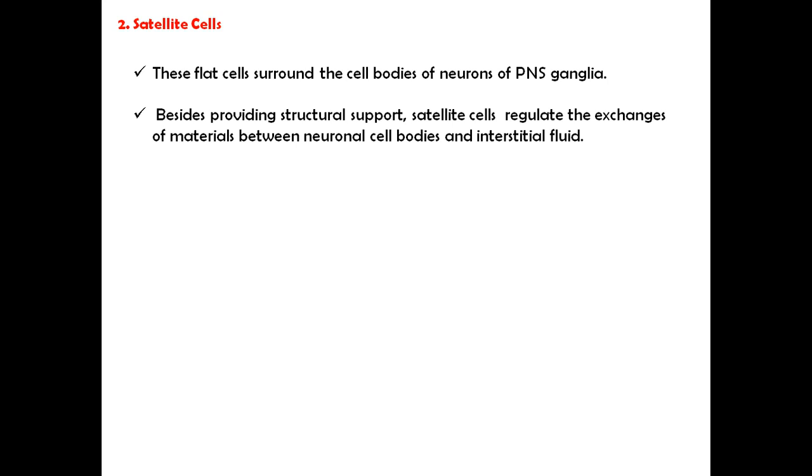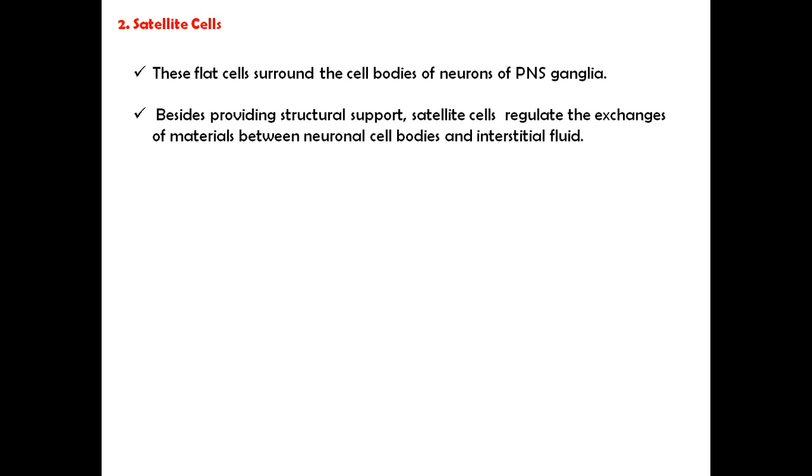Now summary of the chapter. Now we see the nerve tissue. There are two types of nerve tissue, neurons and the neuroglia. First one is the neurons. These neurons are the structural and functional unit of the nervous system. There are two types of classification. First one is the structural classification and second one is the functional classification.